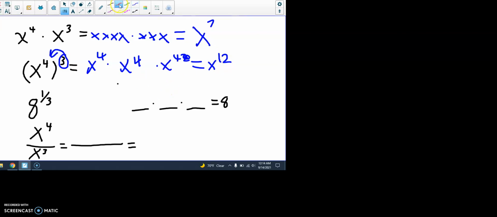For 8 to the 1/3, we talked about this in class earlier. We're looking for 3 numbers that when you multiply them together, you get 8. And that would be 2 times 2 times 2. And then the answer is just one of those factors. So 8 to the 1/3 is 2.